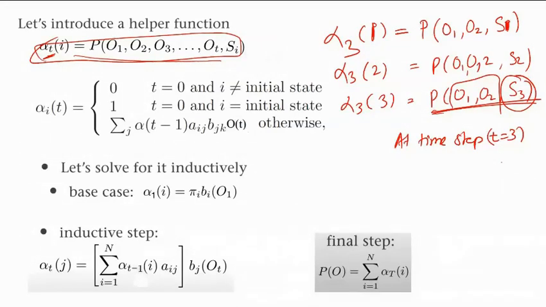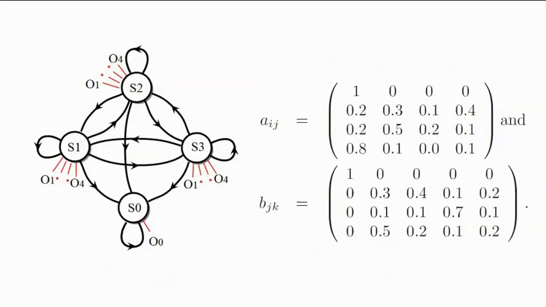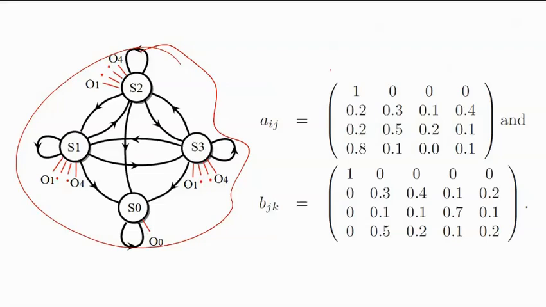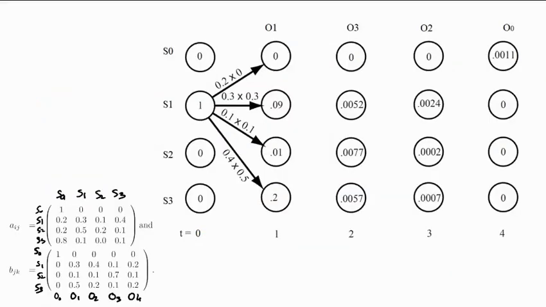This may look complicated, but it's very straightforward. If I directly jump to the diagram, suppose this is some transition diagram and these are the A and B matrices, which are given to you, and then I do this transition calculation.